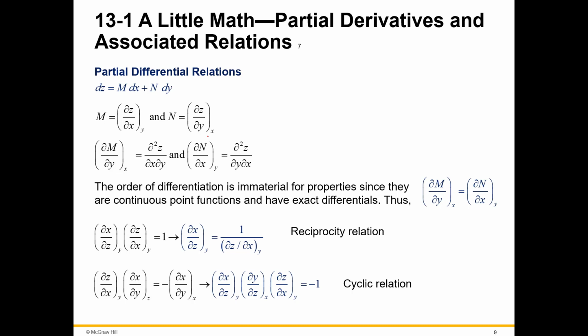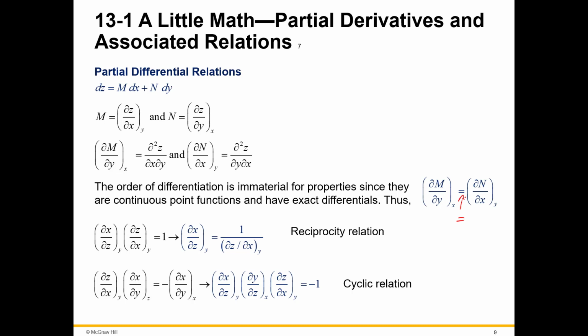And you have M and N, and the order of differentiation is immaterial for properties since they are continuous point functions and have exact differentials. So remember, when we're talking about properties, we're talking about them being continuous or consistent. They have exact differentials, and so therefore you can see the equals here.